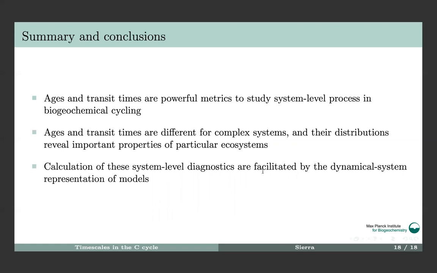The calculation of these system-level diagnostics is facilitated by dynamical system representation of models. Therefore, it is very important that we can express models in this matrix form so we can actually do this type of computation. So that's all, and thank you for your attention.